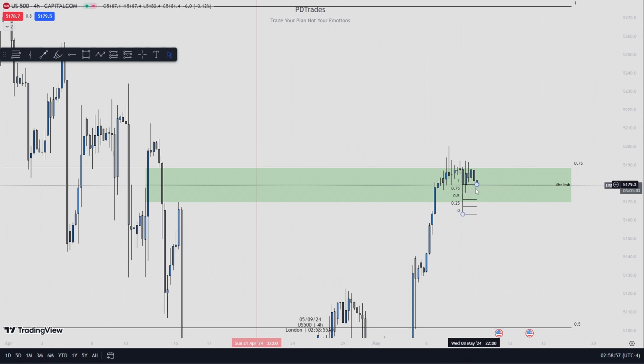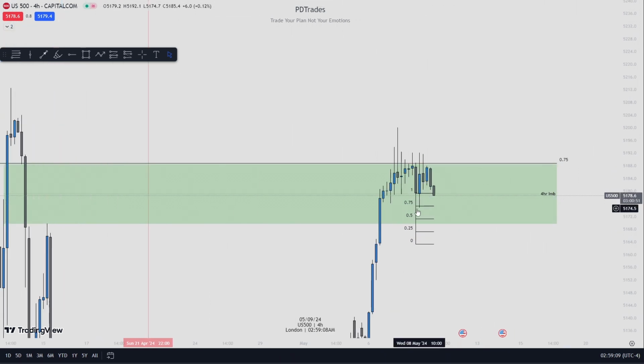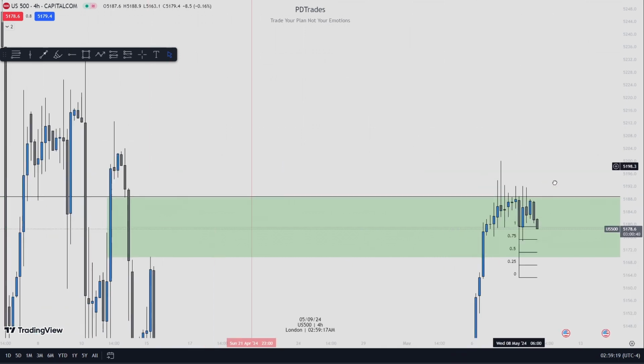So I want to see what price does. Does it take out this low here and reject at the 50%, which is this zone here? So does it take out this low and reject at the midpoint of this week to continue showing a bullish momentum?